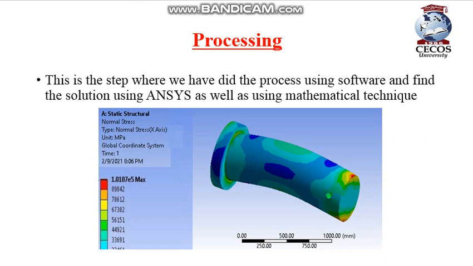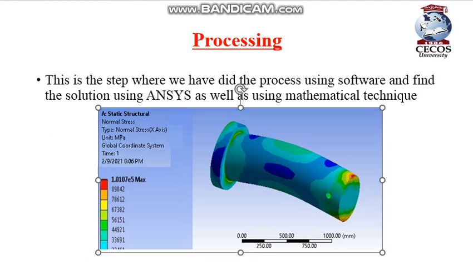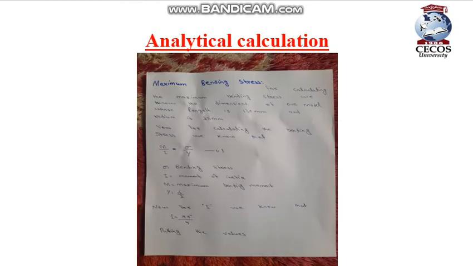This is the stress at which our material will be bent. Similarly, as you can see here, the type of stress which we have applied is normal stress, and that's it. Okay, so let's move to our next slide.